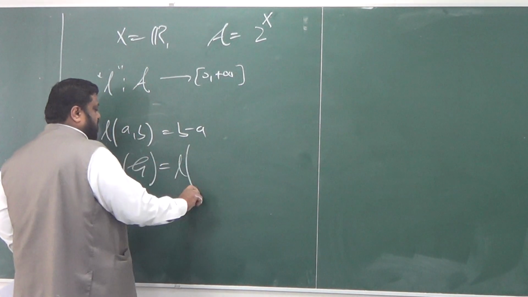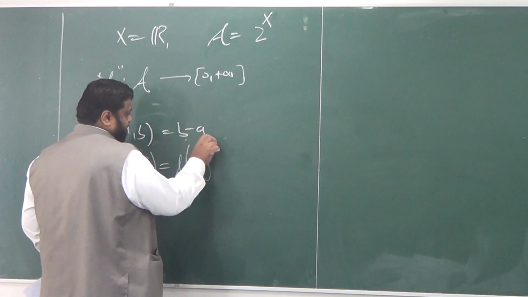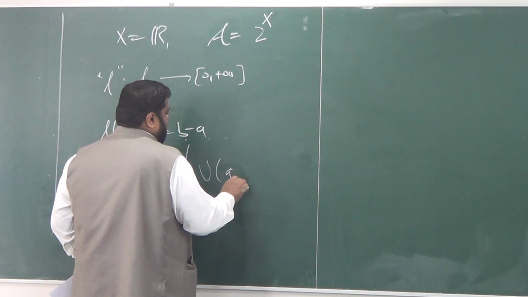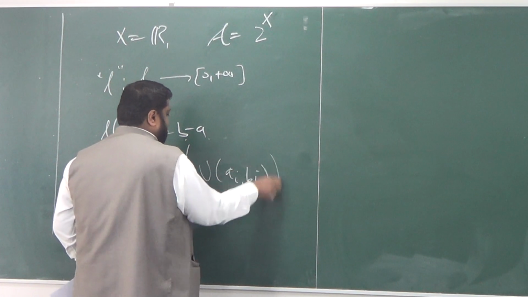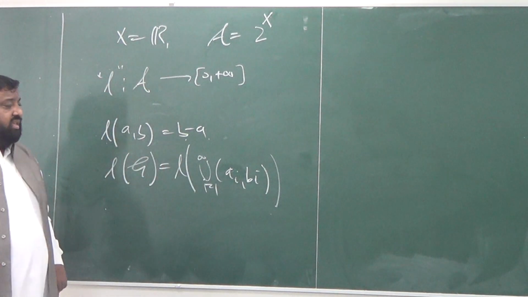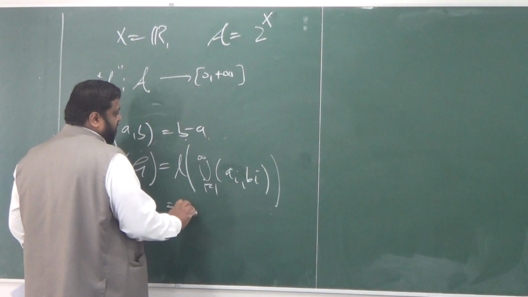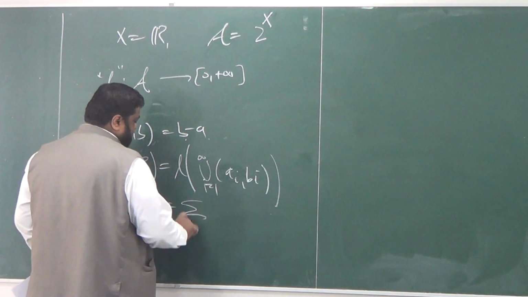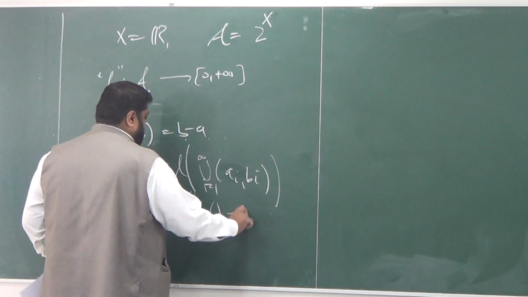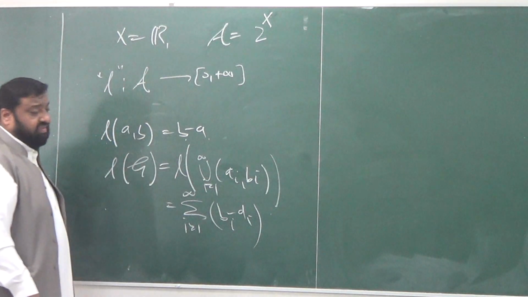Then I know that G can be written as a union of such intervals, a_i and b_i roughly. Intuitively, to compute the length, you can do the sum of b_i minus a_i. This is one way to do it.